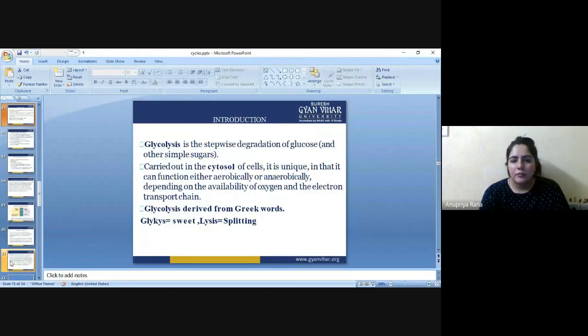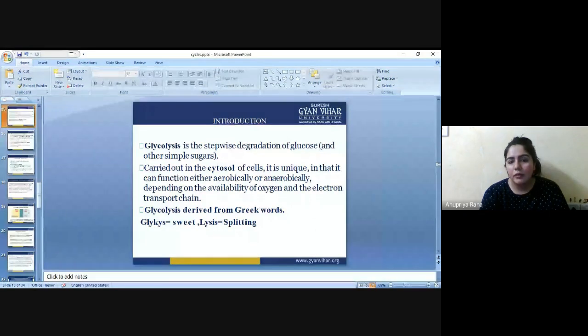So glycolysis, very interesting. It's an important, interesting cycle, basically. If we are talking about glycolysis, it all starts from glucose, a six carbon sugar. The definition written here is well understandable: glycolysis is a stepwise degradation of glucose and other simple sugars, not only glucose.